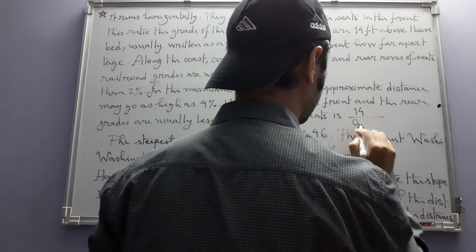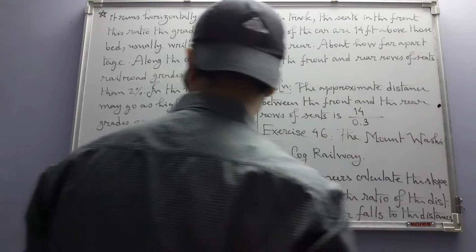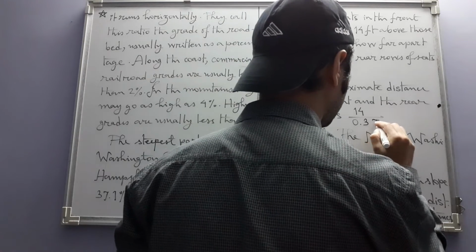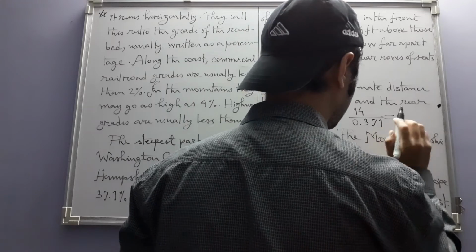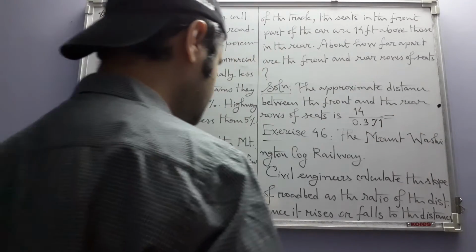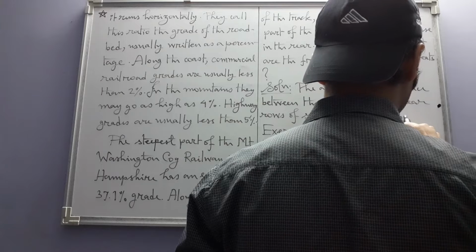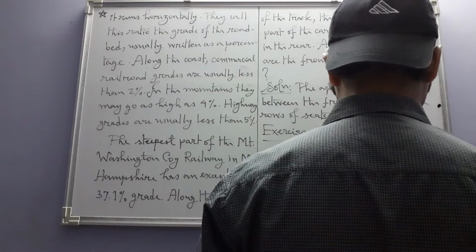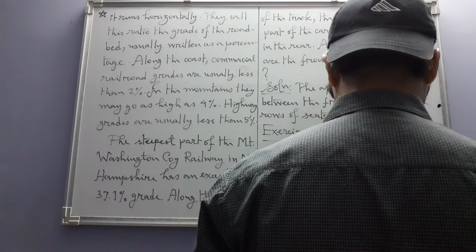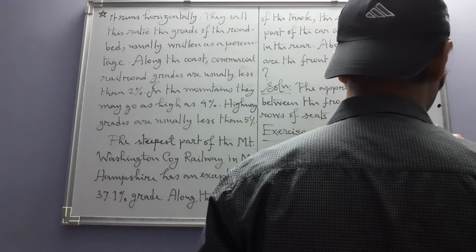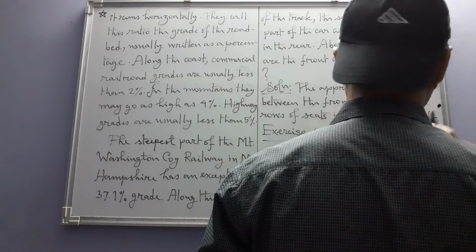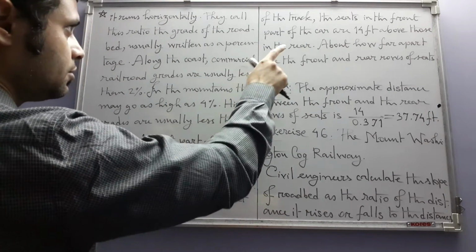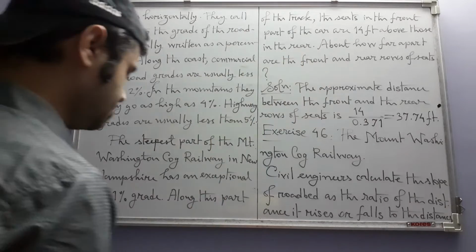If you divide 37.1 by 100, you get 0.371, and approximately this is 37.74 feet. The unit is feet, yes, because it's 14 feet.